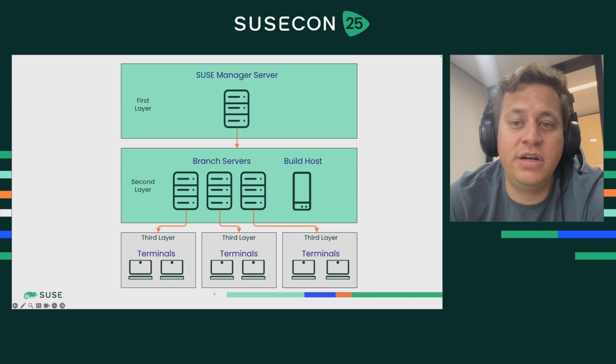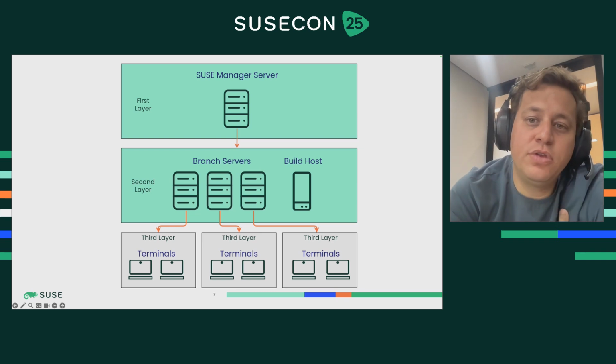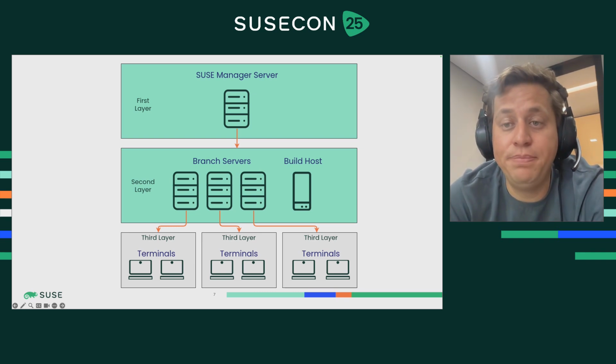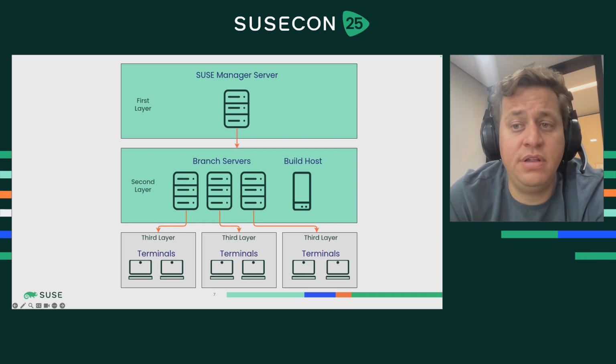In the second layer, we have the branch servers, and the main idea is to have a branch server for each store. Okay, and we also have a build host to handle the management of the images and deployment tasks to transfer those images to the branch servers.